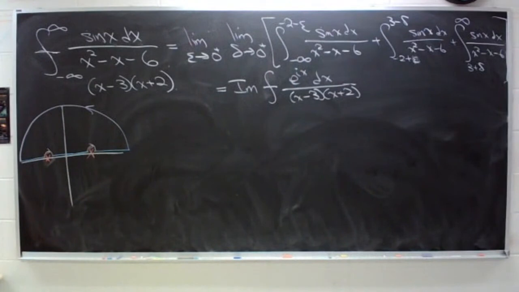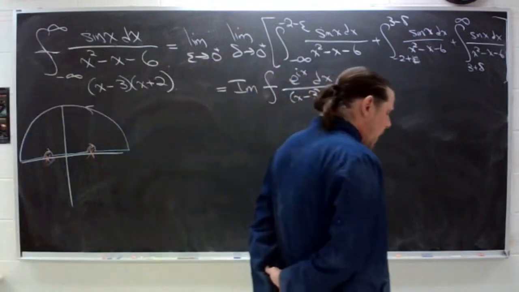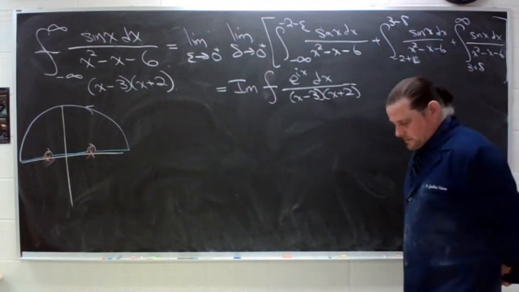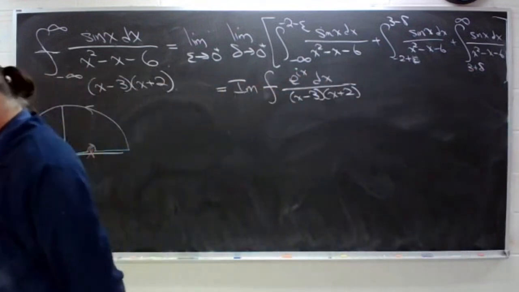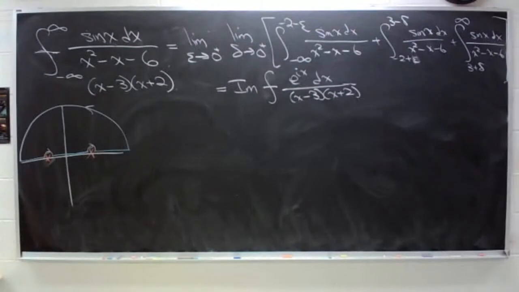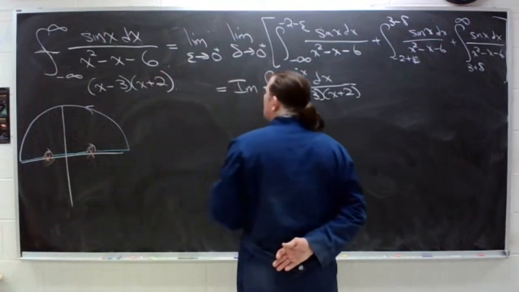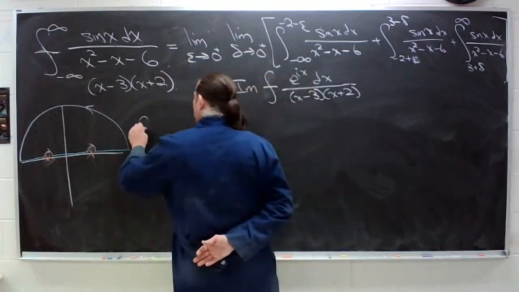Now, the semicircular arc at infinity, the purple arc, we already know that that doesn't contribute in the limit as r tends to infinity by Jordan's lemma. But Jordan's lemma doesn't say anything about these two pieces.